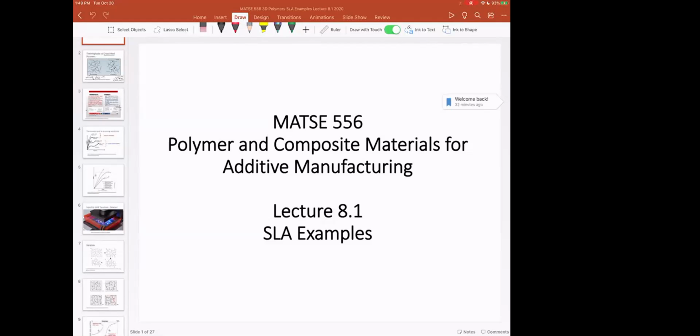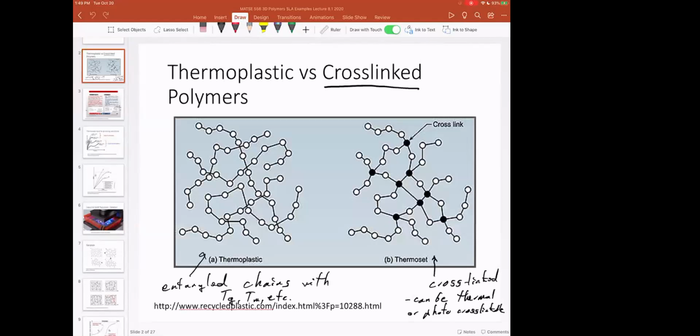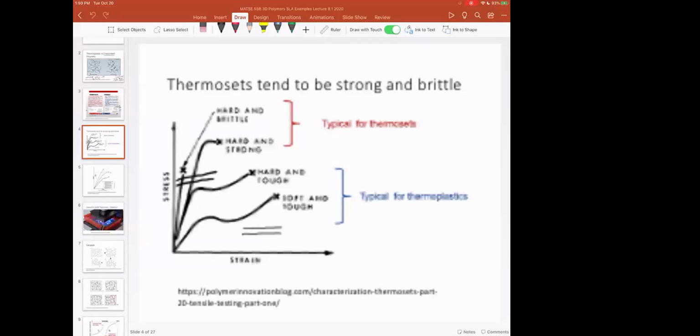In general, we're talking about thermosetting polymers. Whether the cross-linking is done in photopolymerization or we do a thermal post-processing of the resin depends on exactly what chemistry we're interested in. The problem with thermosets is that they tend not to have as high a strain to break as thermoplastics.